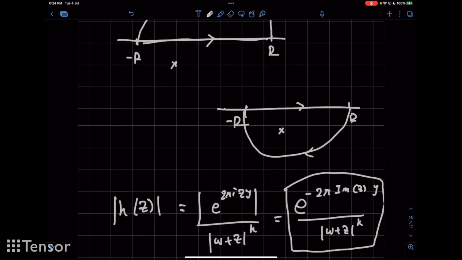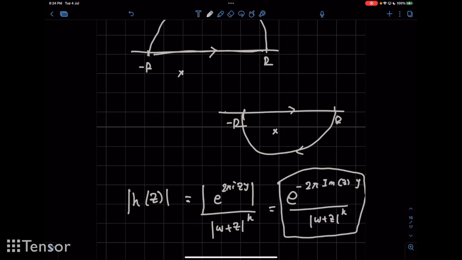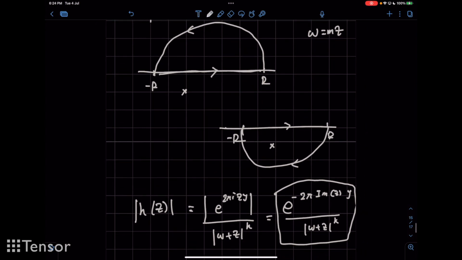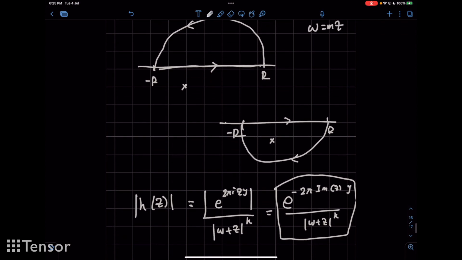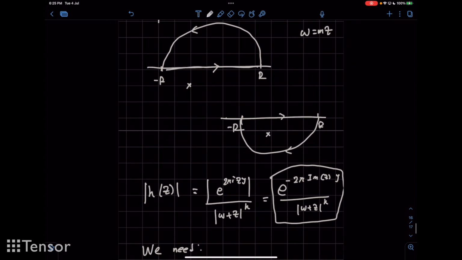So if y is positive, can someone tell me which contour we should take? For which of the contours does this expression vanish as r goes to infinity?